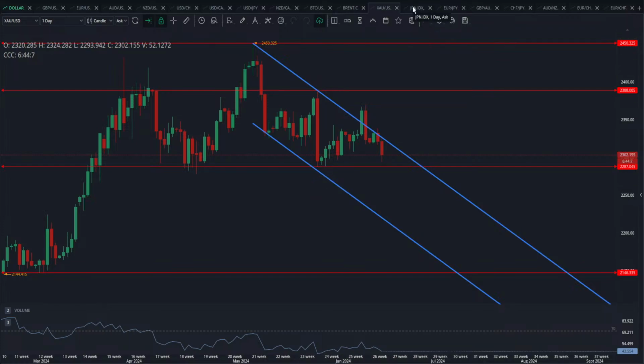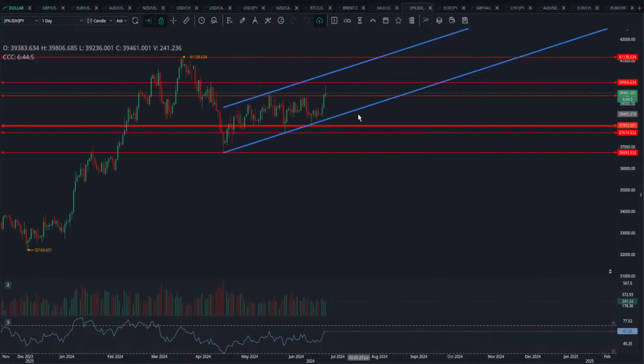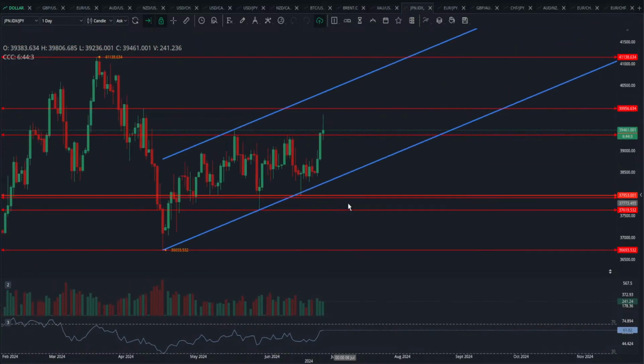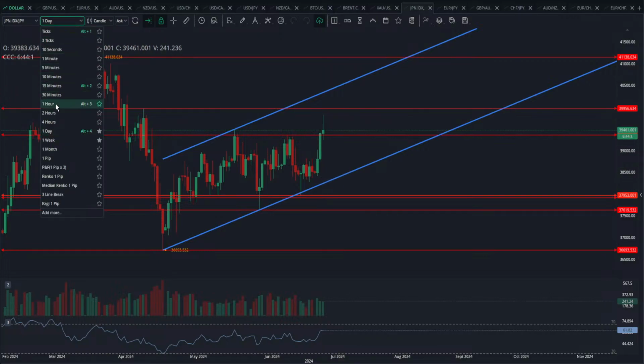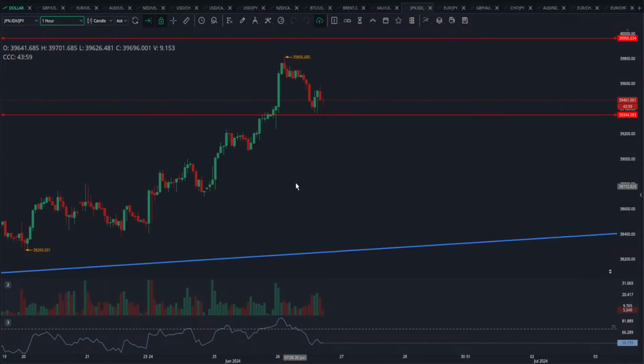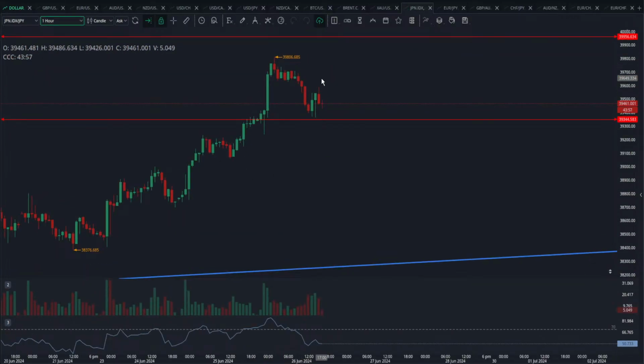The Japanese index is, I think, in the range today. If I show you the daily range, you will see that it went up, down, up, down. The Japanese index is expected to reach 39,956, although right now it is suffering from the sellers and they have sold it off, and now the buyers are trying to jump in again.